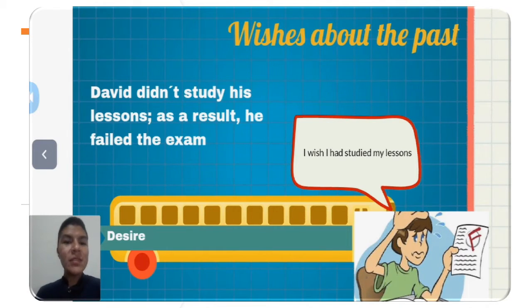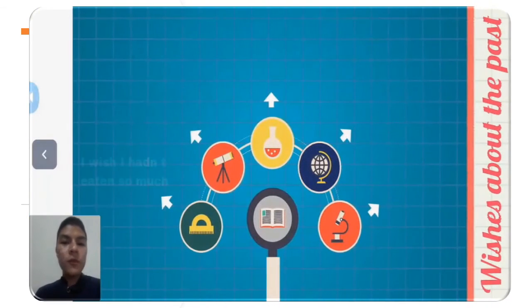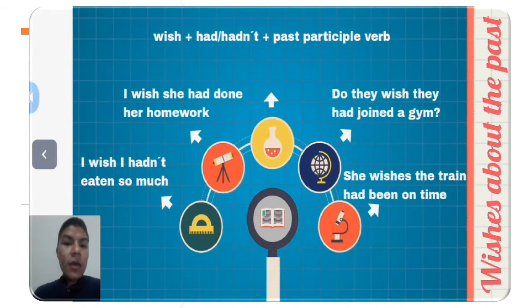And that is actually the structure that we need to use to express wishes about the past. So now let's see the structure that we need to follow. First, we need to put a subject, as in all sentences that we do, followed by wish. After that, we need to put another subject, a second subject, that is the one that is going to be receiving the action, right? And one important thing is that when expressing wishes about the past, we are all the time going to be using the past perfect tense.